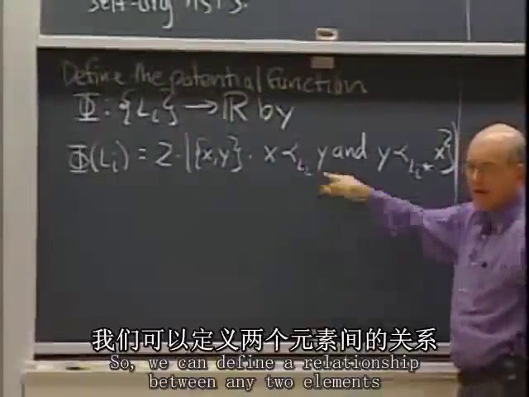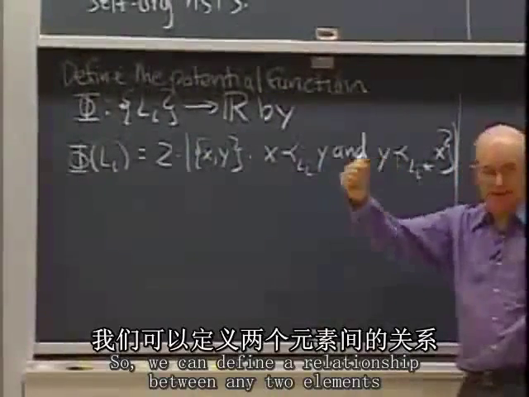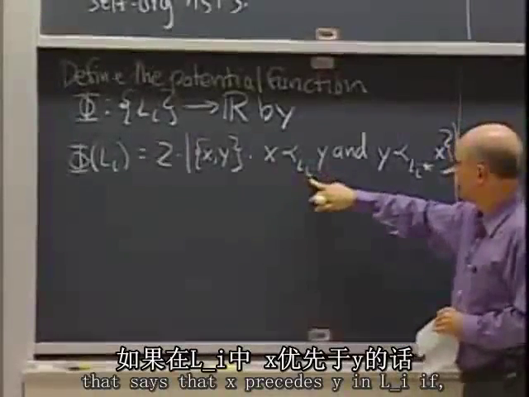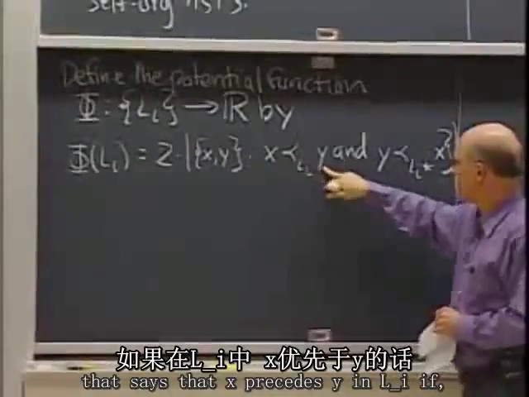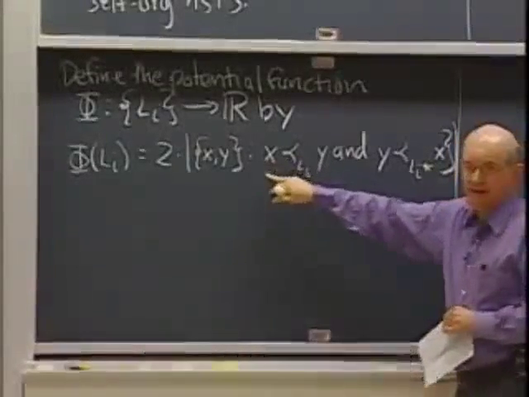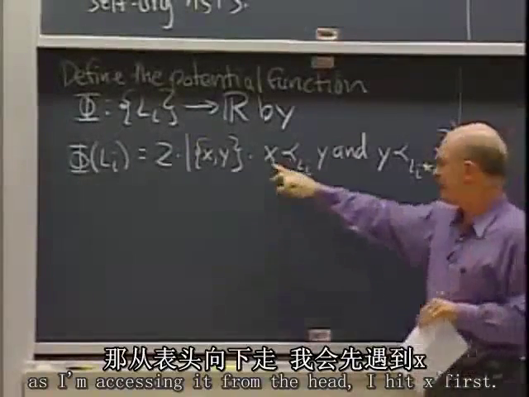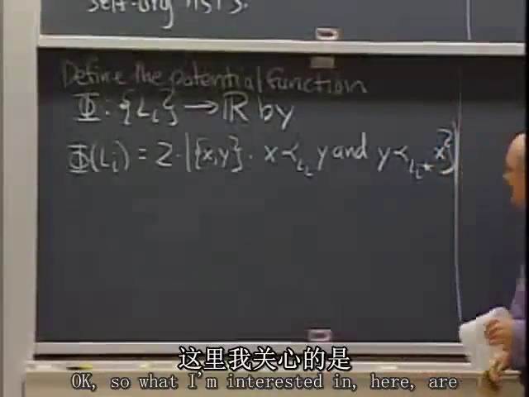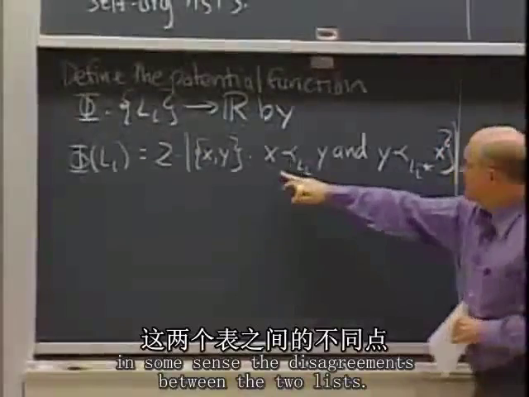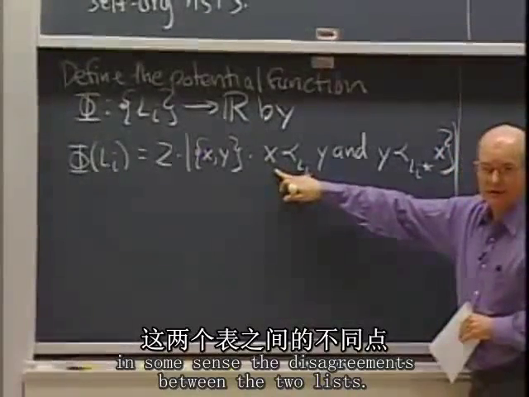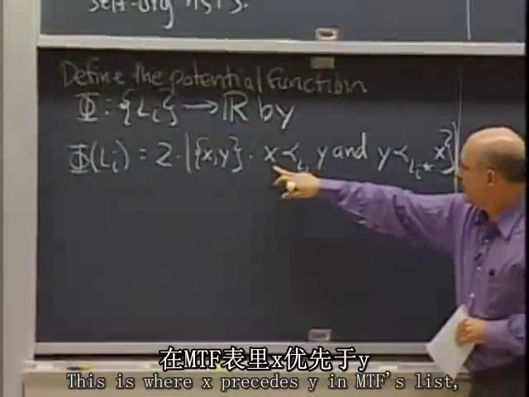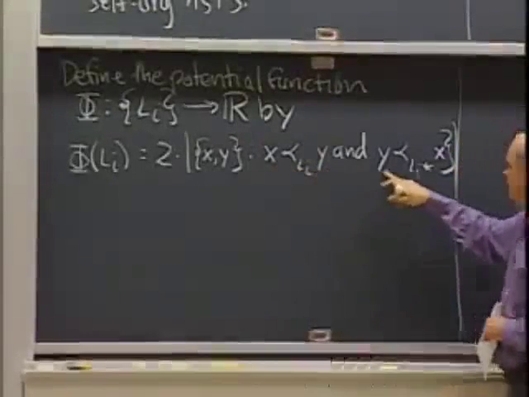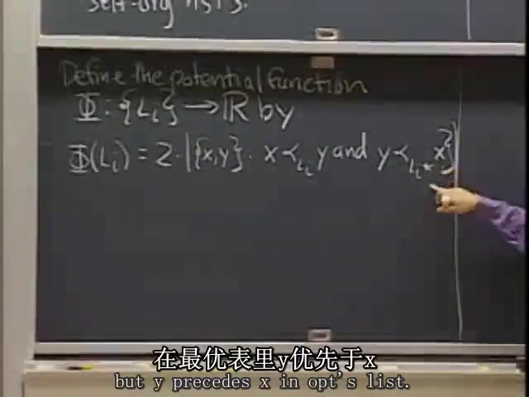So you can define a relationship between any two elements that says that x precedes y in L sub i if as I'm accessing it from the head, I hit x first. Okay, so what I'm interested in here are, in some sense, the disagreements between the two lists. This is where x precedes y in MTF's list, but y precedes x in OPT's list.